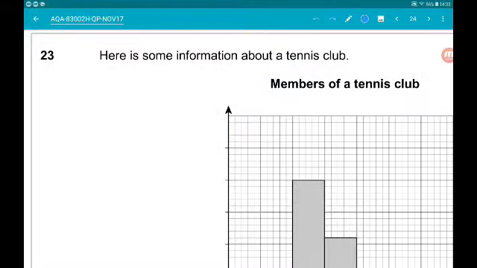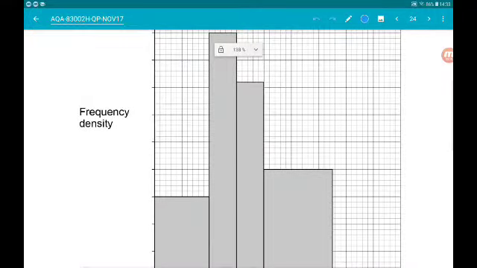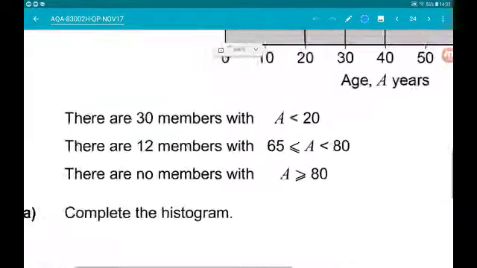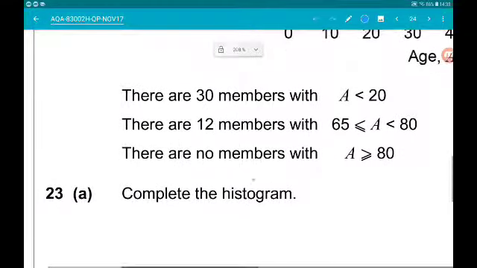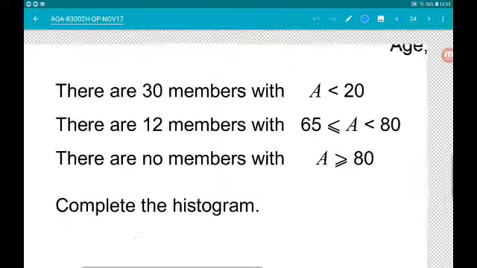Okay, question 23, we have a histogram showing us information about members of a tennis club. So there's our histogram. We got frequency density upside, but we got no scale. It's going to be part of the question. So we're told there are 30 members with age less than 20.